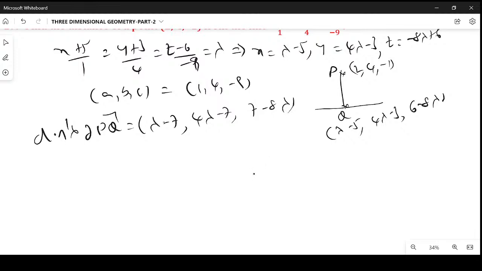They have given this one, 2, 4, minus 1. The DRs of PQ bar I am taking here. 4 minus lambda will get... you can see this one I have taken. Oh, this is minus 9 lambda. I have made a mistake here. Should be careful here.